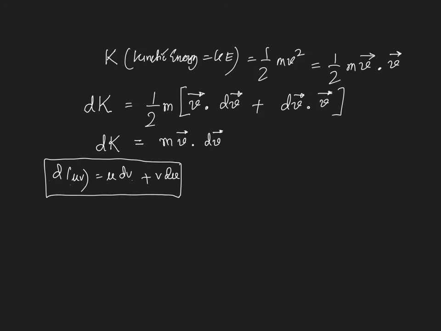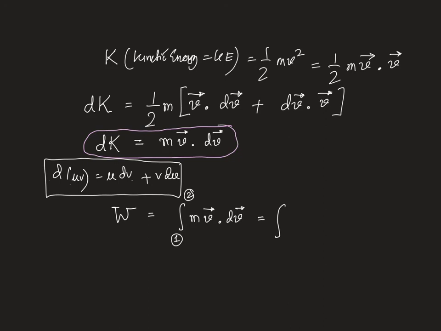In our previous step, we saw that the work done by all forces from state 1 to state 2 is the integral of m v dot dv from state 1 to state 2.